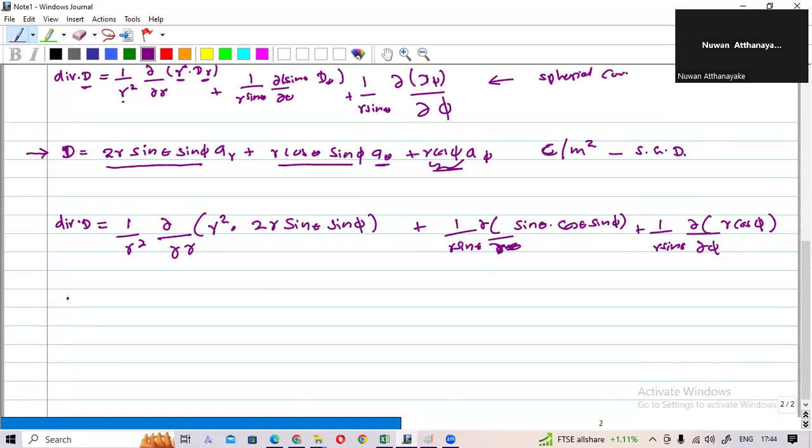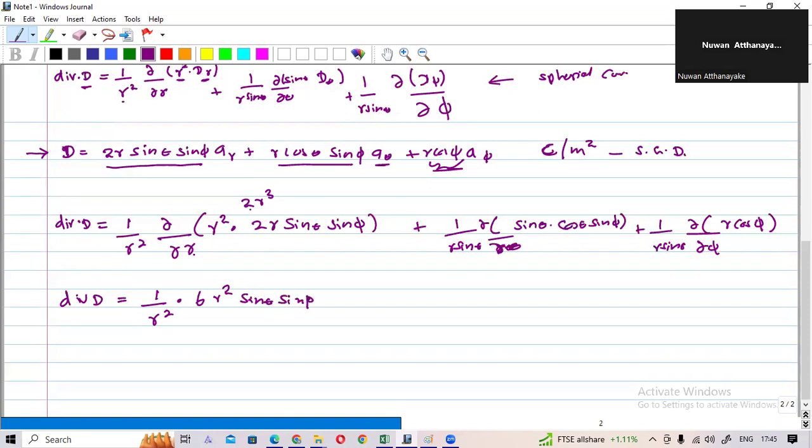So if you evaluate the first term, r squared times 2r gives 2r cubed. Differentiating with respect to r, 1 over r squared is there, and 2 into 3 is 6, r cubed becomes r squared sine theta sine phi.